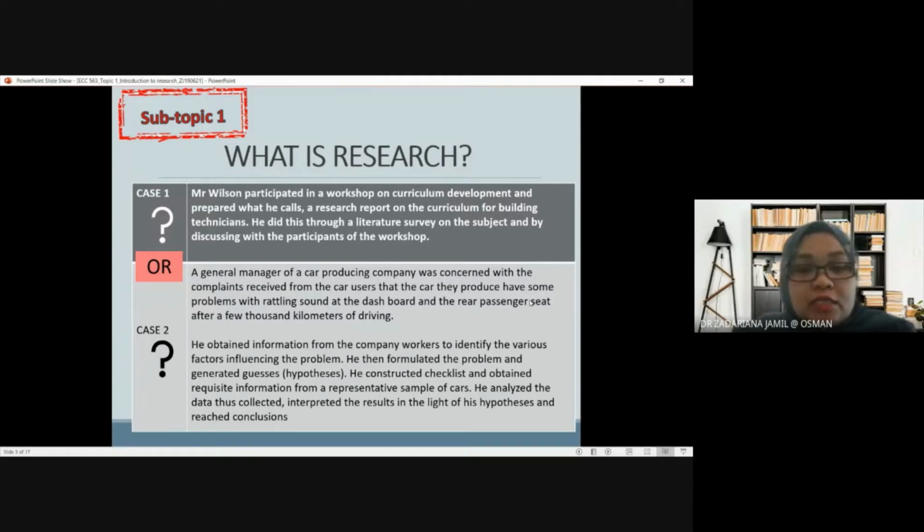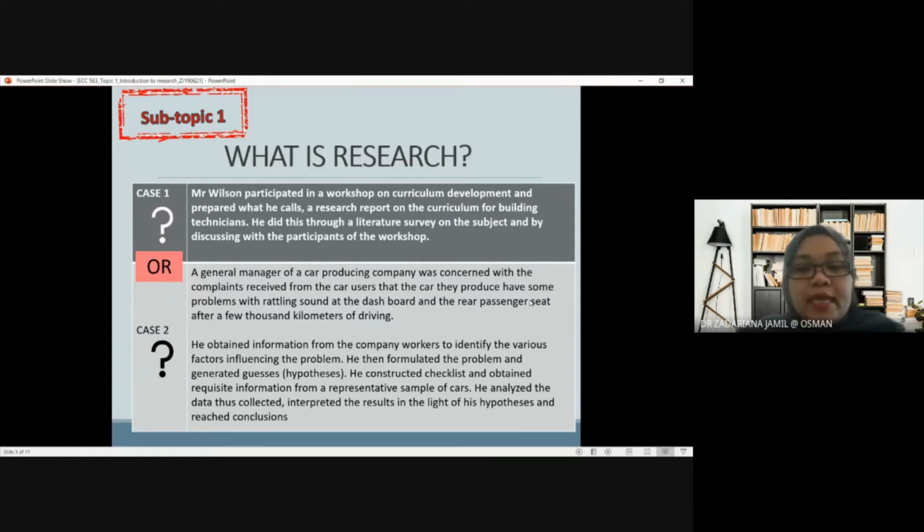A general manager of a car producing company was concerned with the complaints received from the car users that the cars they produce have some problems with a rattling sound at the dashboard and the rear passenger seat after a few thousand kilometers of driving. So he obtained information from the company workers to identify the various factors influencing the problem.